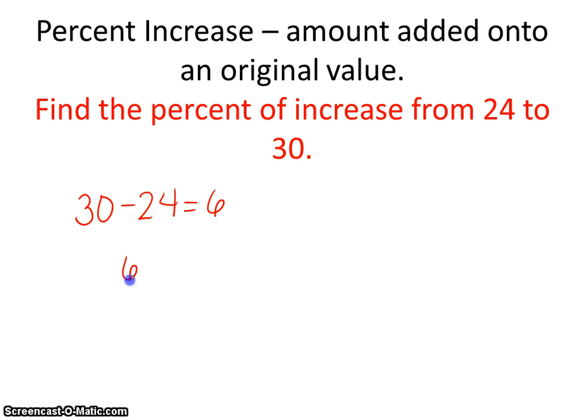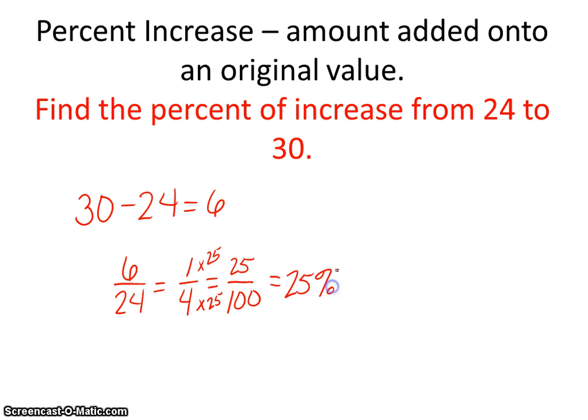I can do it as a fraction, which I could simplify, or somehow see if I can find an equivalent fraction that would have 100 in the denominator. In this case, I can multiply the numerator and the denominator by 25, and I learned that 30 is a 25% increase from 24.